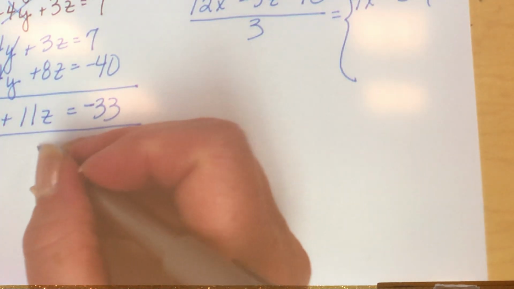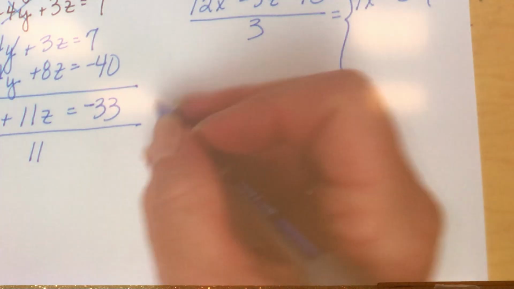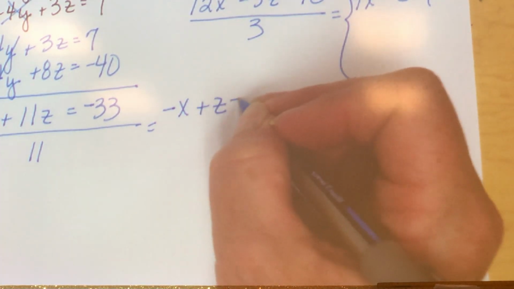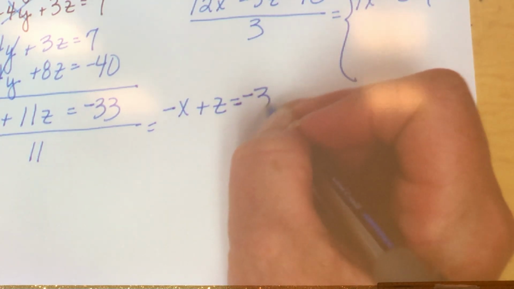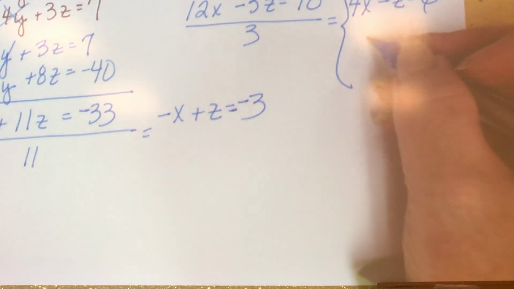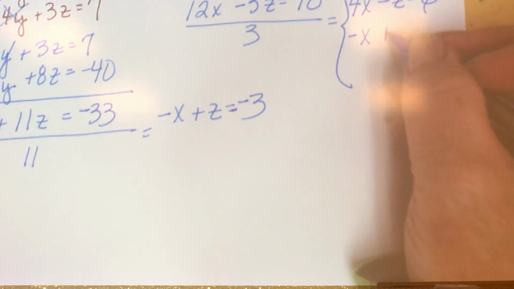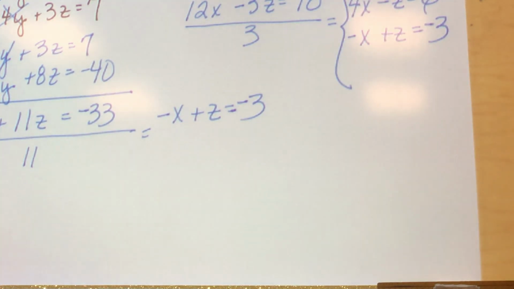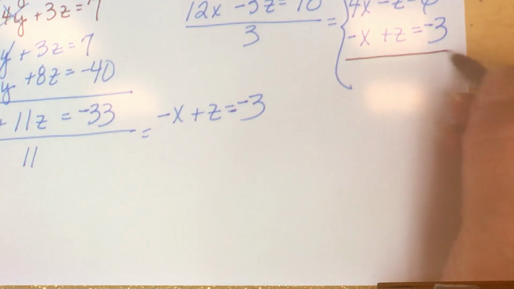So that's why I'm gonna choose positive 11. And so then it's gonna be negative x plus z equals negative 3. Is that right? And now I am on my way to being the winner.